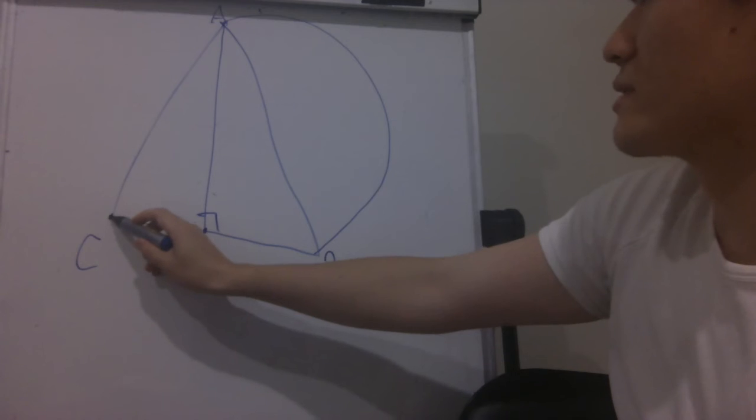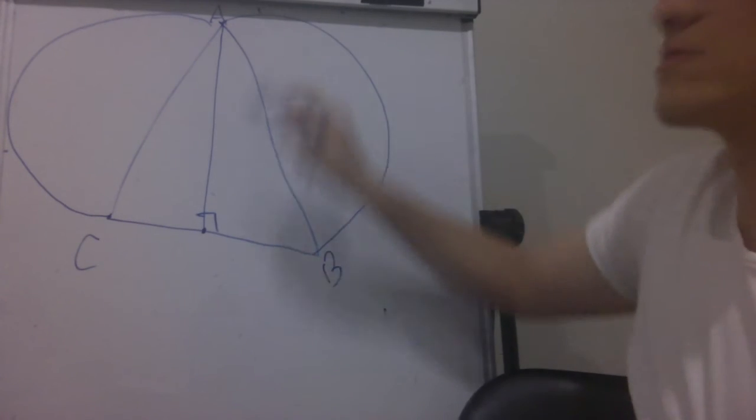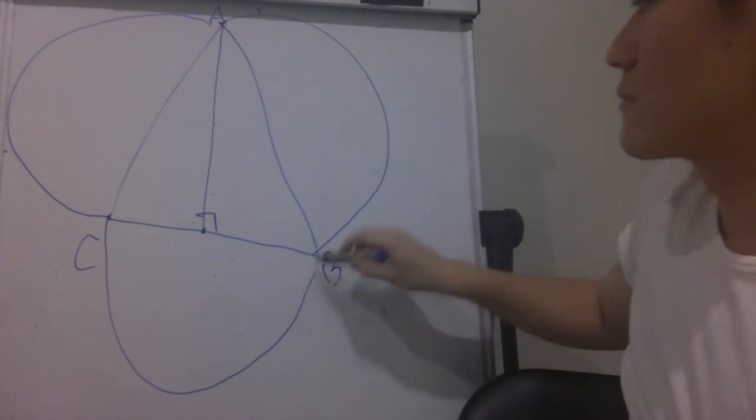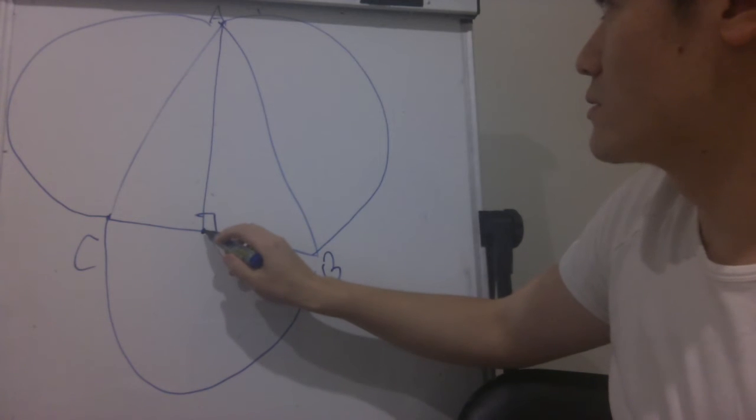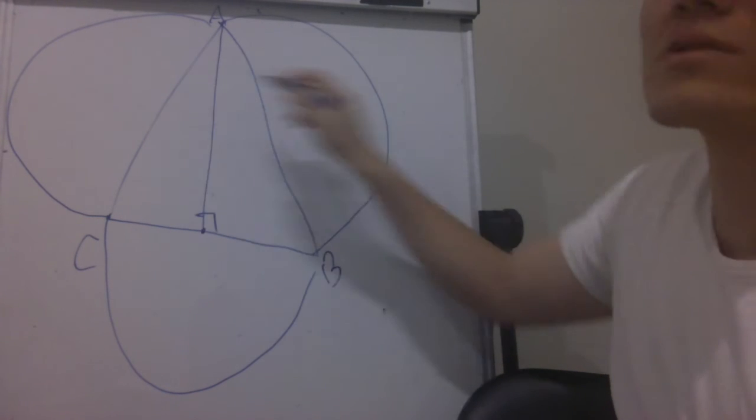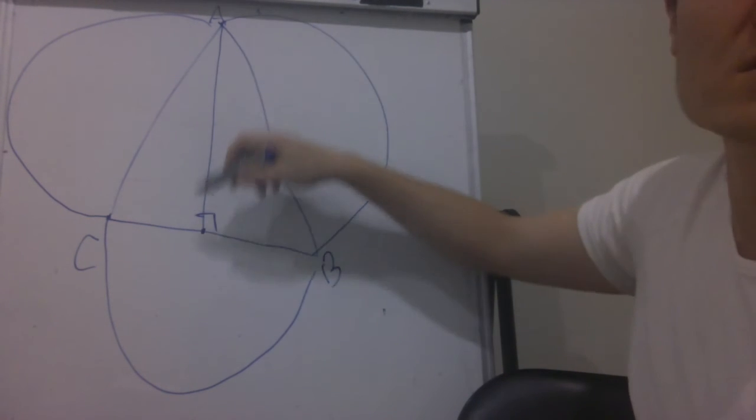Similarly, if you make one with AC as a diameter, then the radical axis of those two circles is the altitude.